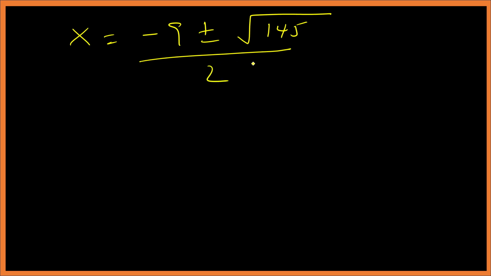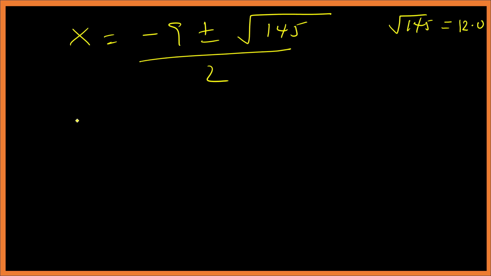So we have plus or minus square root of 145 on 2. Now let's see how we can reduce them. All right, so square root of 145 is 12.04.